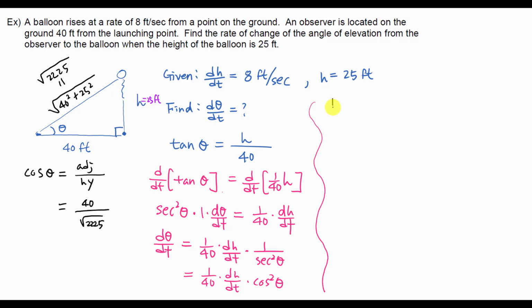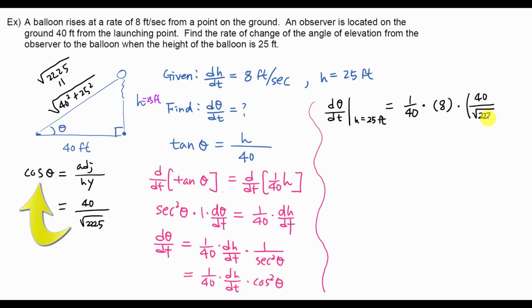So d theta dt at h equal 25 feet is equal to 1 over 40 times dh dt, which is given, and it is 8. And cosine theta we found, it is 40 over square root of 2,225, squared.